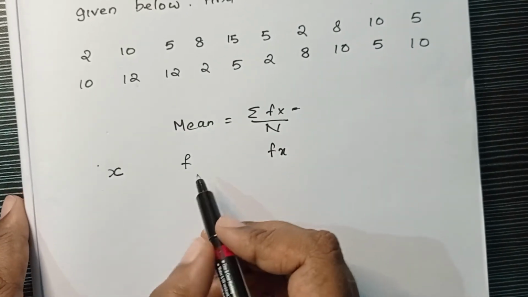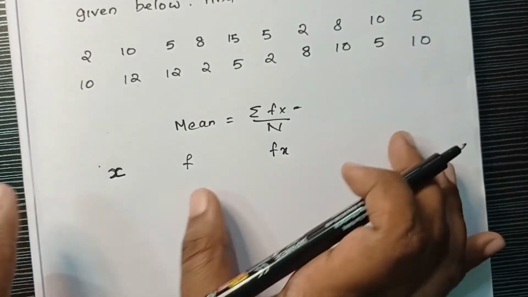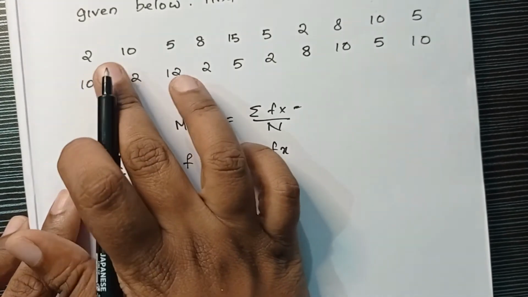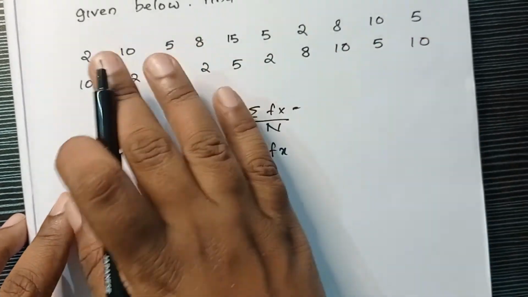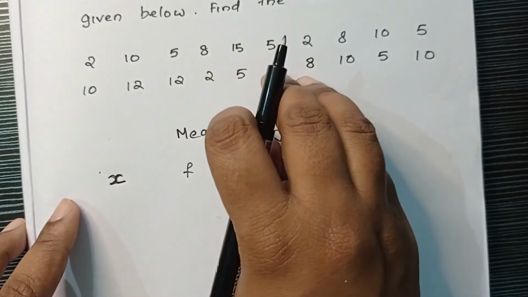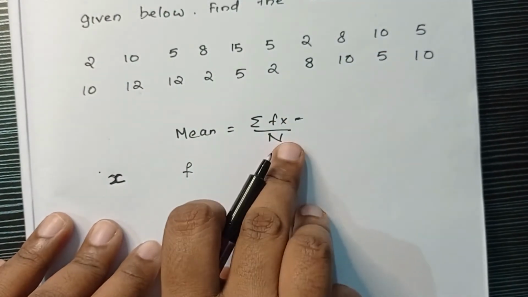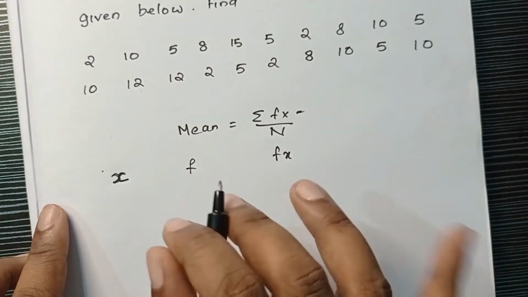First let's write in ascending order. What we are going to do is group it together. You can see in the question that 2 is repeating, 10 is repeating, 5 is repeating. All these variables are repeating in some manner, so we are going to group that and use this formula here. I hope you understood.